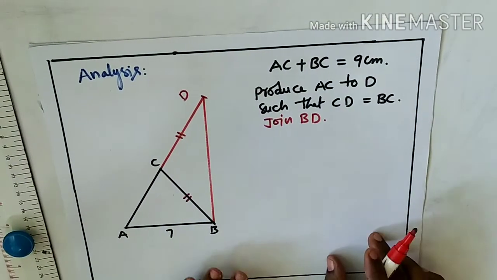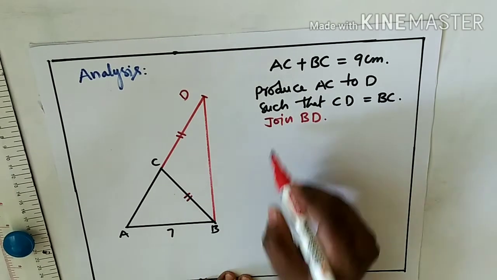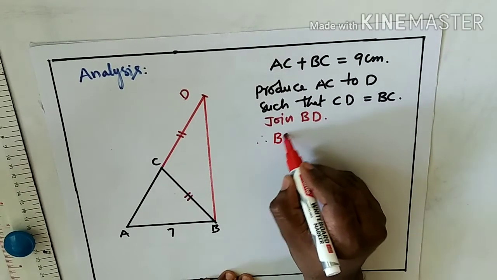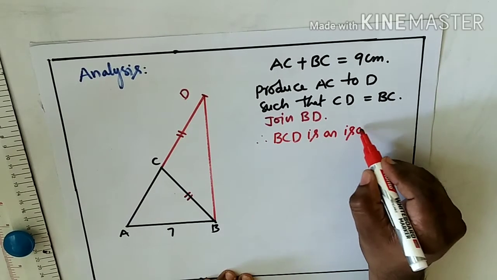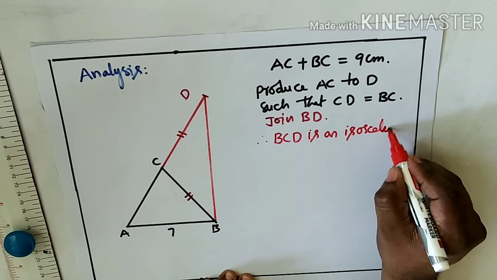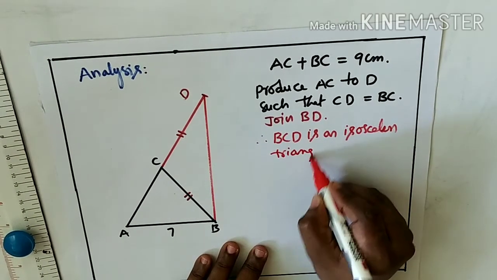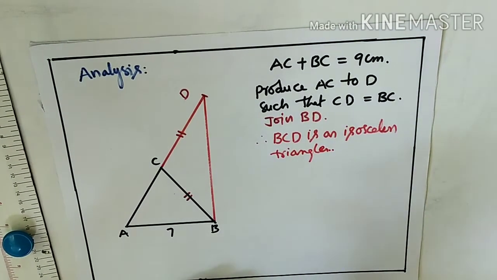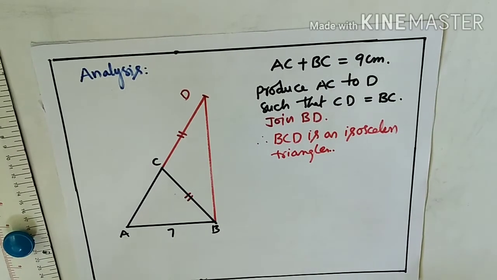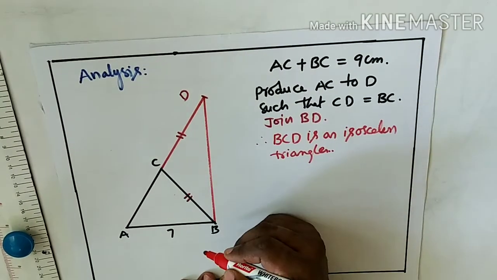Now I joined BD. Now in BCD, two sides are equal. Therefore, BCD is an isosceles triangle, in which we have taken CD equal to BC.